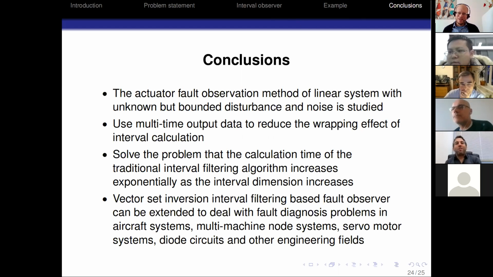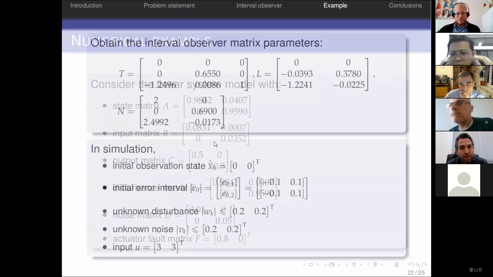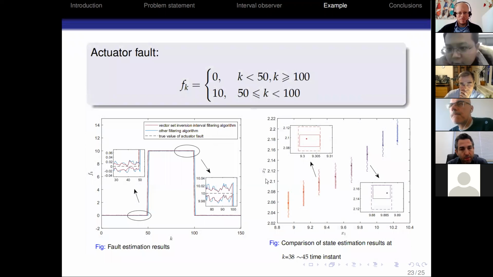So thank you for this very interesting presentation. I have two small questions. The first one, for slide 23 for numerical simulations, slide 20. Have you made the comparison? It's mentioned that you have made some comparisons with other filtering algorithms.